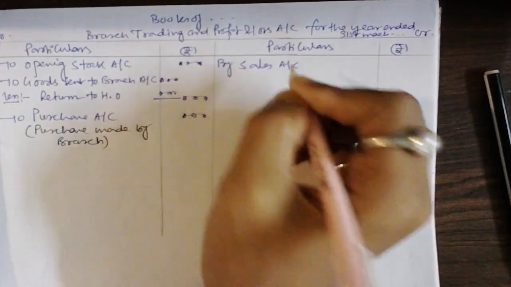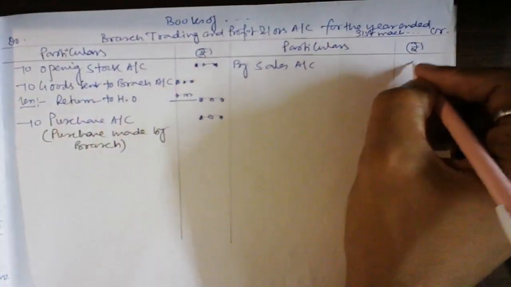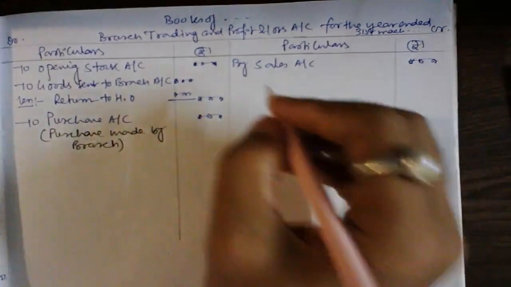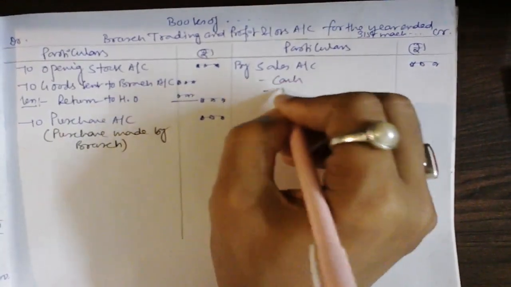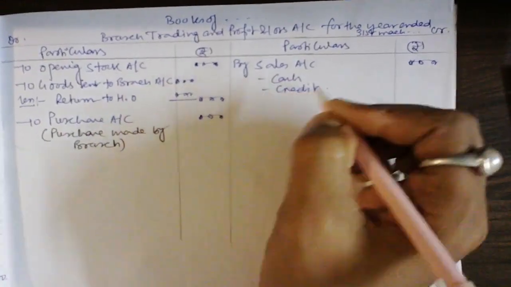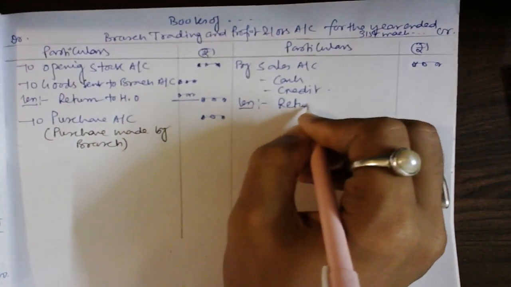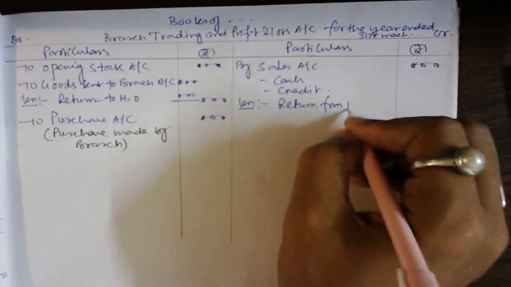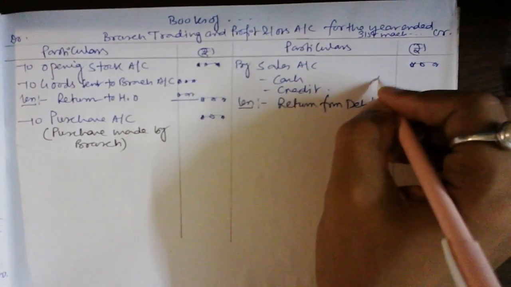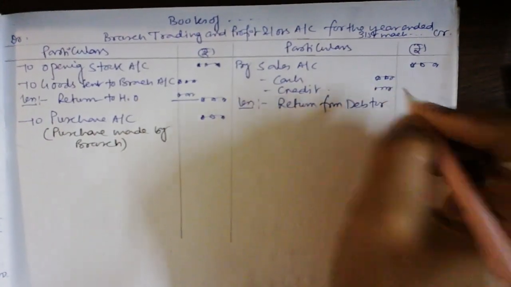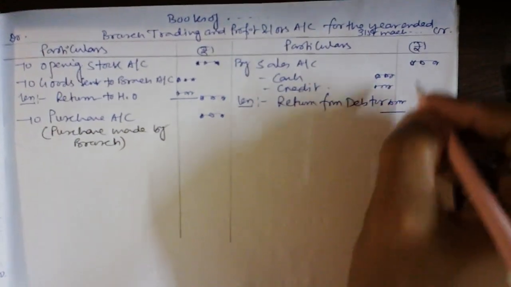The normal things that we do, I am doing the same thing. You have some cash, you have some credit, you may have some return also. Less return from debtors. So this two and minus this, you are going to get this.